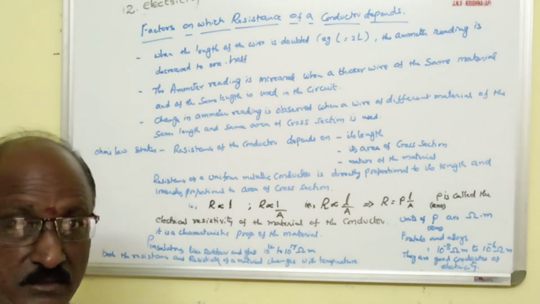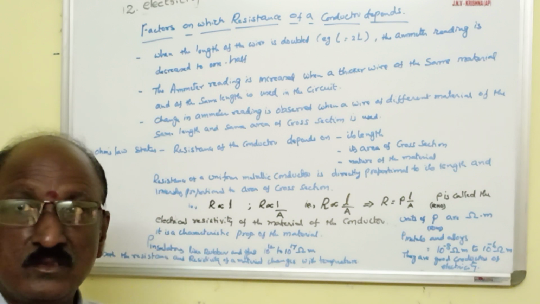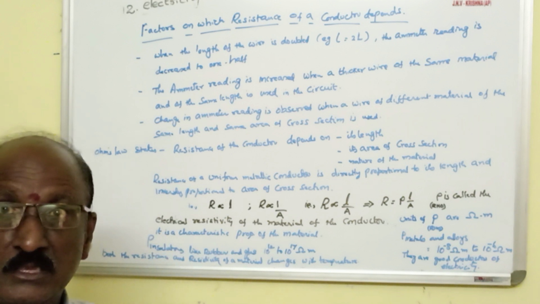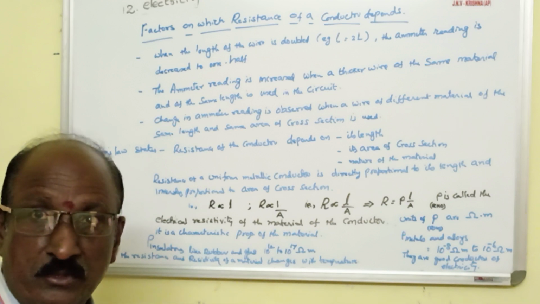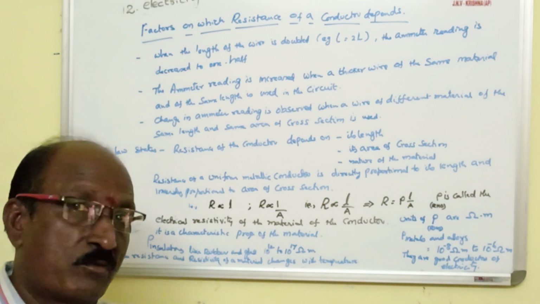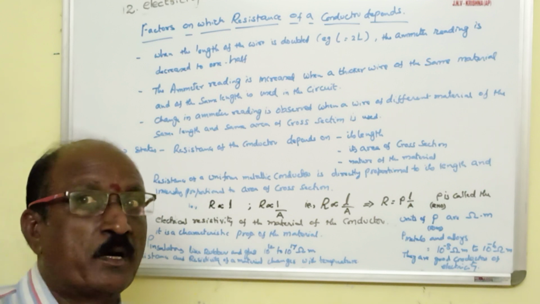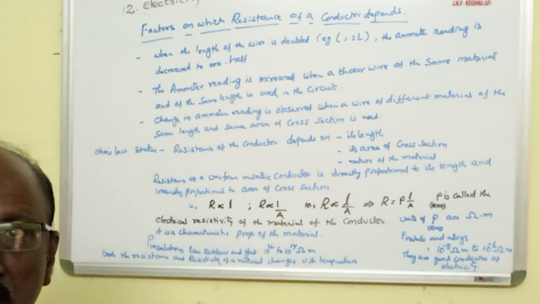That is why you see many switchboards made up of ebonite, so that it will not let the current pass through it. Why? Because it is an insulator.